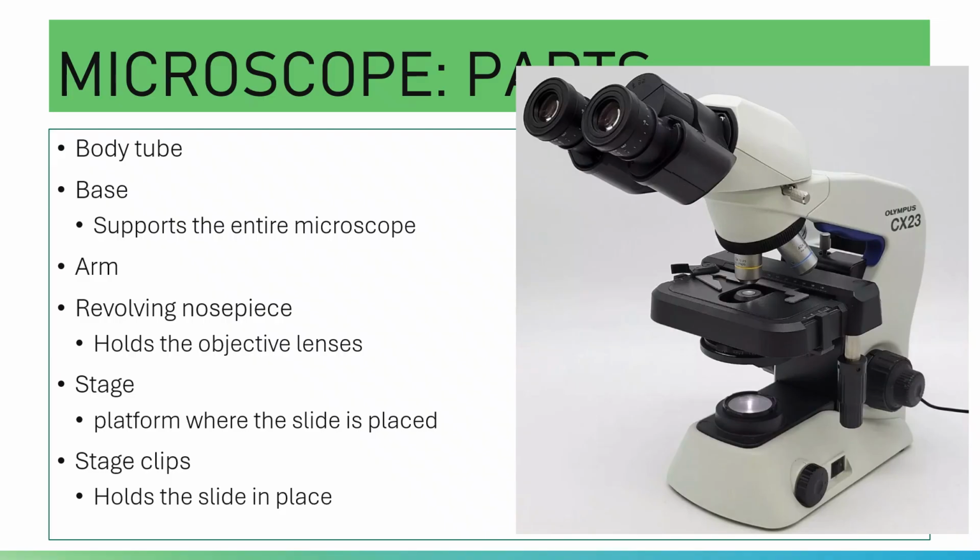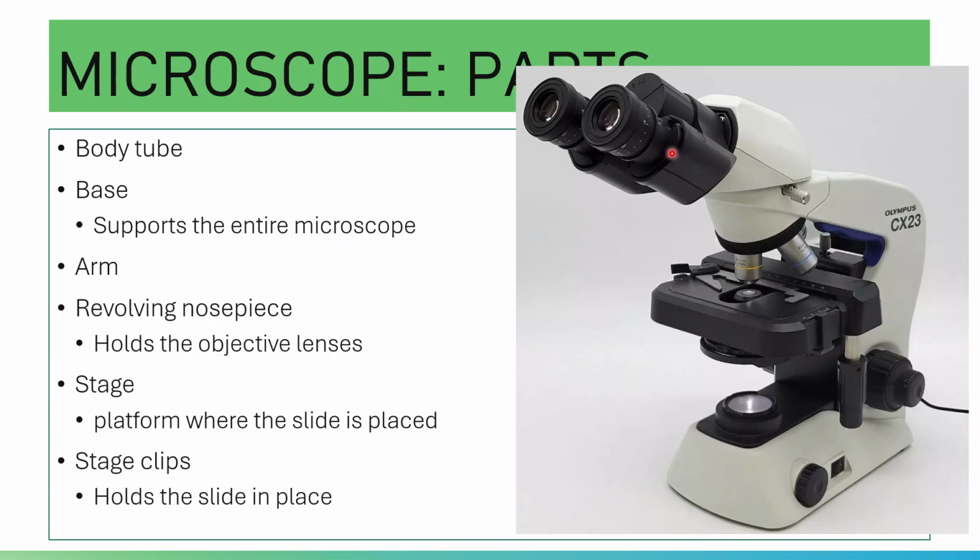Your other parts, you have your body tube. The body tube maintains the correct optical distance between the objectives and the eyepieces. Again, you have here your objectives, and then you have here the eyepieces.